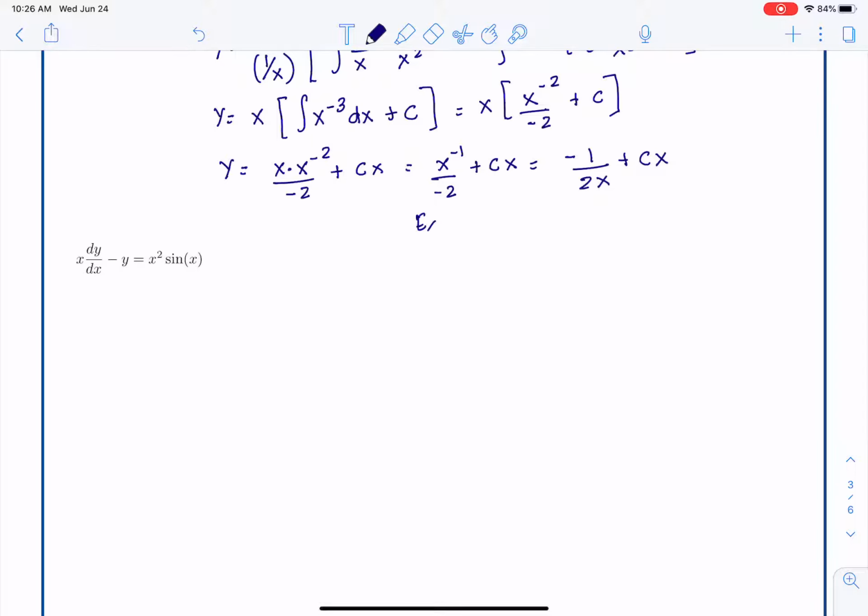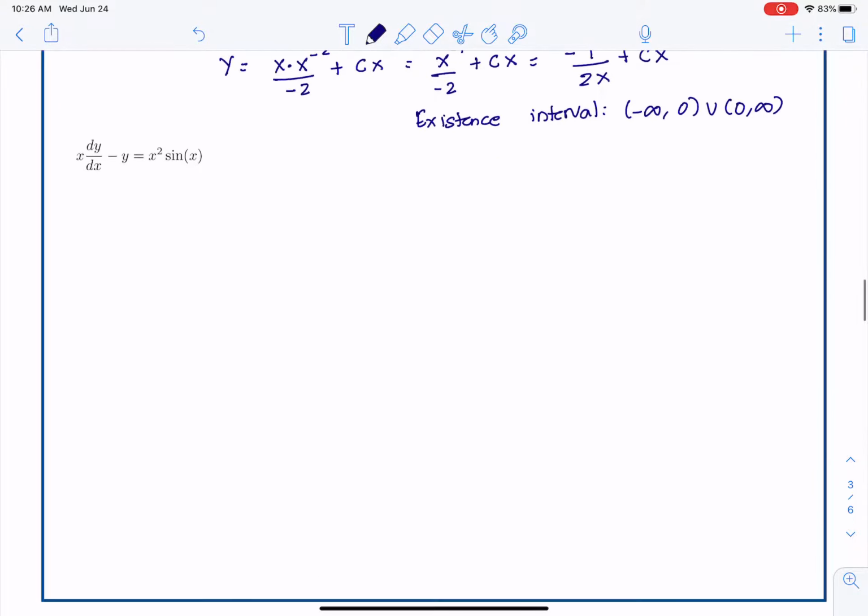So the existence interval is negative infinity to 0, union 0 to infinity. We're going to exclude 0 from the solution.